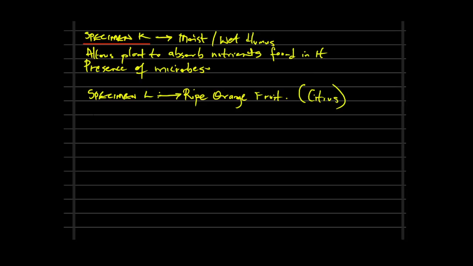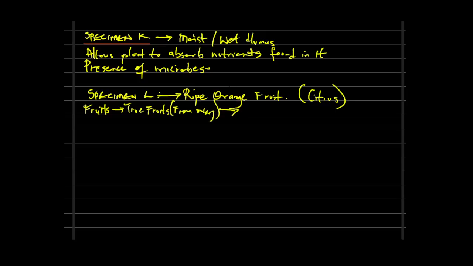The fruit, this is how it is being descended. It is descended from fruit to true fruits, which are formed from the ovary.